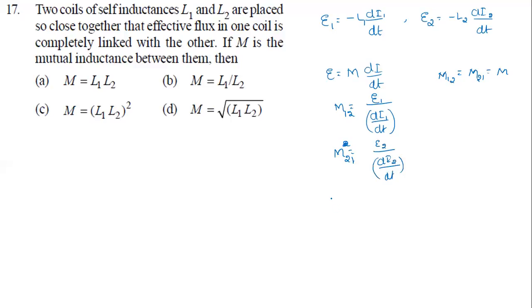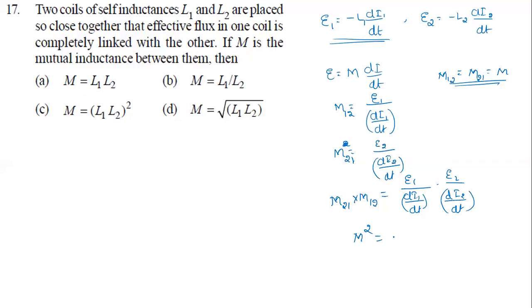If I multiply these two, it will become M21 into M12 equal to E1 divided by di1 by dt multiplied by E2 divided by di2 by dt. Do you agree with this? Both are equal, right? We have taken, so it will become M square equal to, first one, E1 divided by di1 by dt. From this equation, can I say minus L1? From this equation, can I say minus L2?